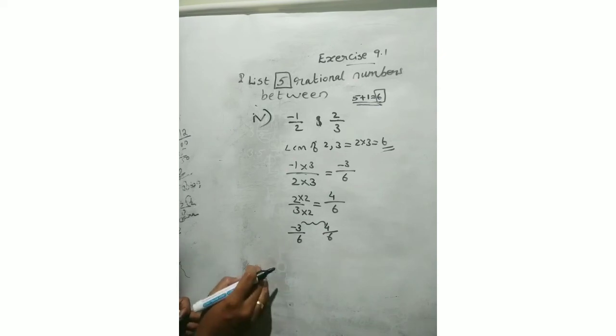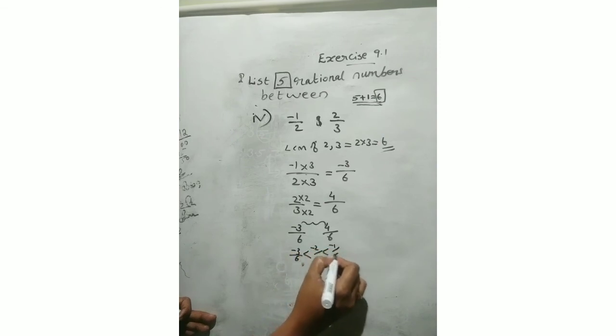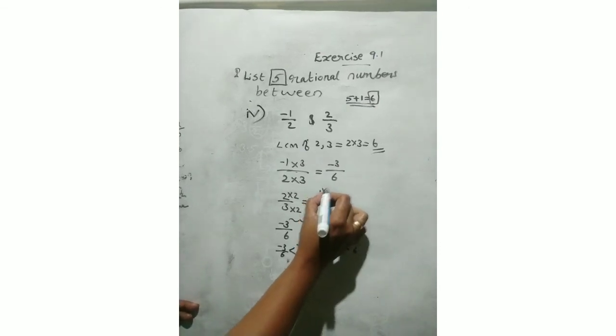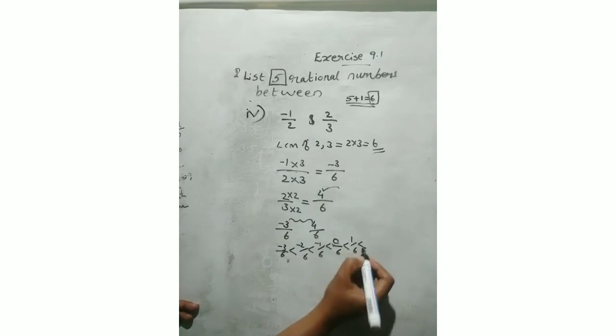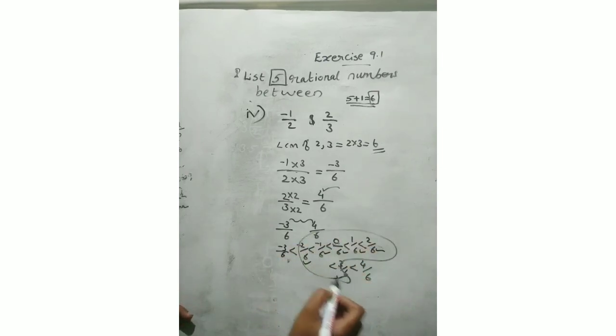That is negative 3 on 6 is less than negative 2 on 6, then negative 1 on 6, then 0 on 6, then 1 on 6, then 2 on 6, then 3 on 6, then 4 on 6, the last number. Now we got 1, 2, 3, 4, 5, 6 rational numbers. Any 5 rational numbers you can select from these 6 rational numbers.